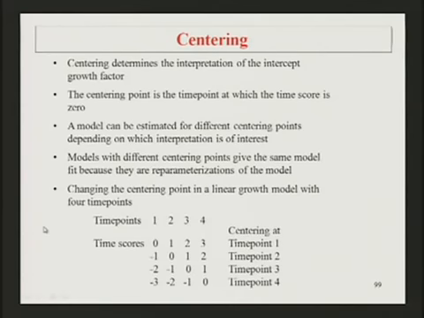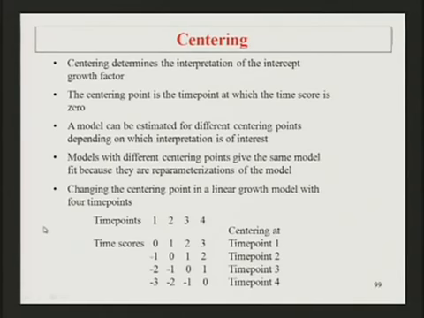And there, to still capture equidistance, the time scores would be -1, -2, -3. Just subtracting 3 from all of the time scores. So -3, -2, -1, 0 would reflect centering at the last time point and equidistant linear growth. So it's easy.